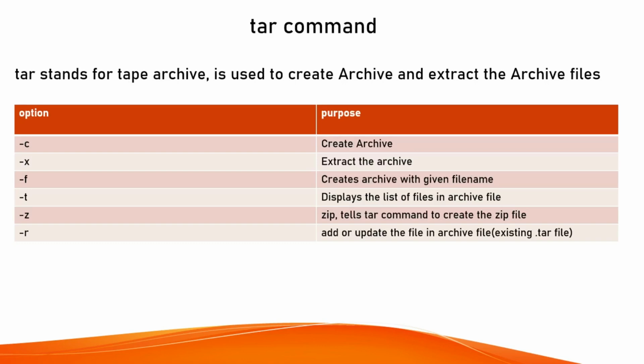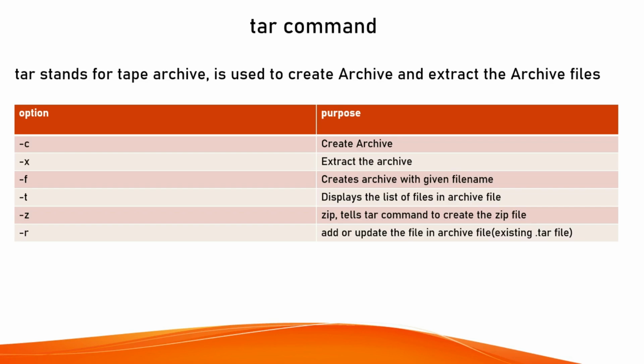Moving to the next is the tape archive command, which is called tar command, and it's basically used to create an archive and extract the archive files, and these files are stored on your Linux servers, or they can be moved to another tape as well. So the options here are -c create archive, -x extract the archive, -f creates the archive with a given file name.